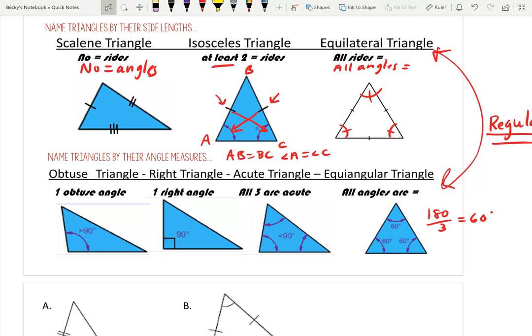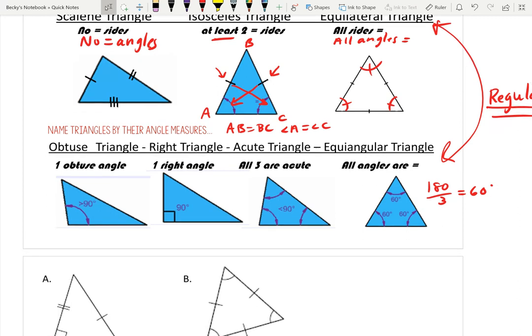Now, we could also name it according to the angle measures. When it has an obtuse angle, it can only ever have one, because triangles add to 180 degrees. If you have two angles that are more than 90, that is automatically more than 180 degrees, and if you try to draw it out, it just doesn't work. If you have an angle that's more than 90, it's obtuse.